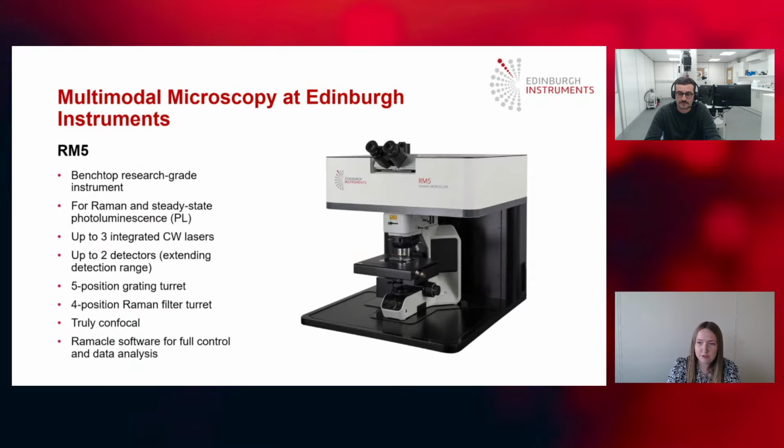And the importance of the dual detector here is that you could have a CCD camera for detecting your visible photoluminescence or also your Raman peaks, and then an InGaAs for detecting the near IR photoluminescence that we typically see in, for example, silicon. So this is our smaller instrument and mostly used just for Raman, but we can also integrate that second detector for near-infrared PL as well.